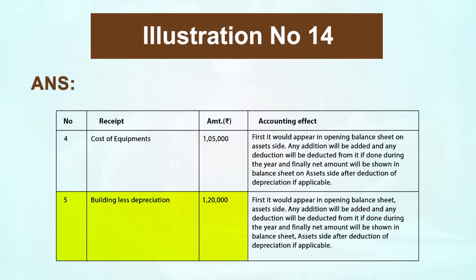Next, building less depreciation 1,20,000. It would appear in opening balance sheet asset side. Any addition will be added and any deduction will be deducted from it if done during the year. And finally, net amount will be shown in the balance sheet asset side after deduction of depreciation again if it is applicable.